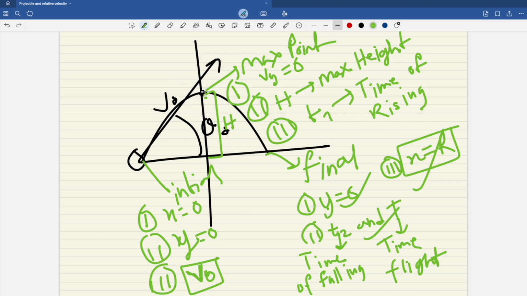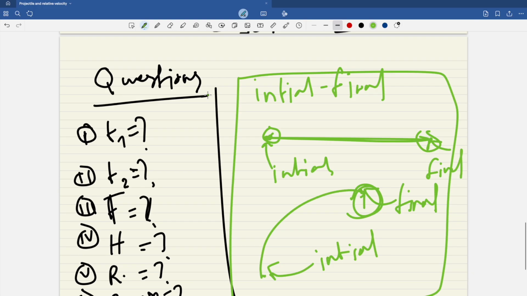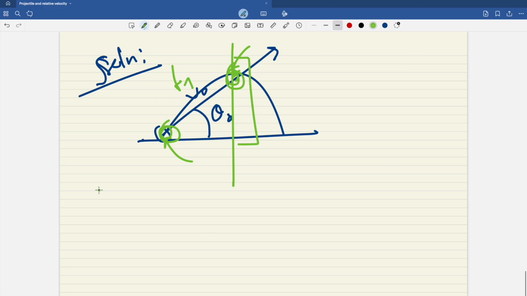So the maximum point will be considered the final point while calculating the time of rising. So this is final and this is initial.